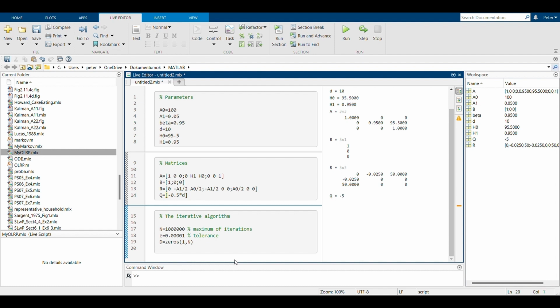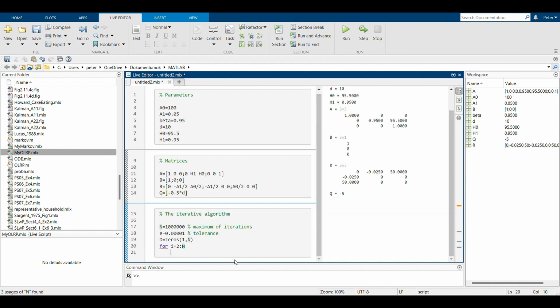Okay, so let's start the for loop. We start with 2 because we give an initial guess which is going to be 0.